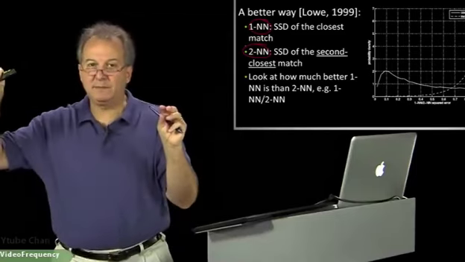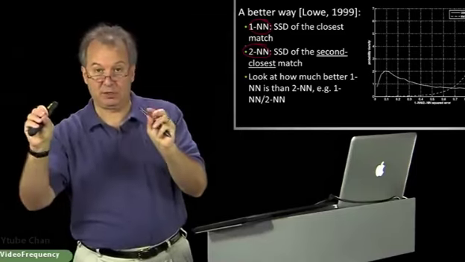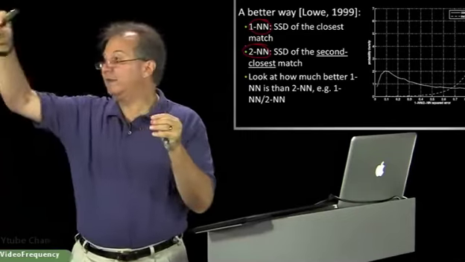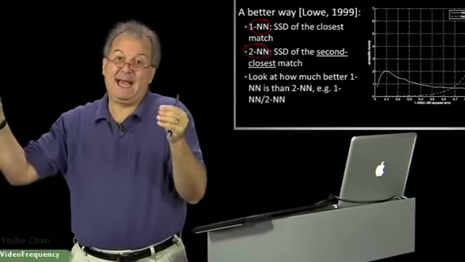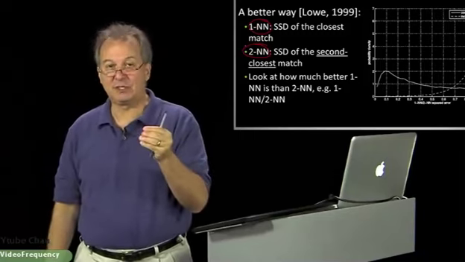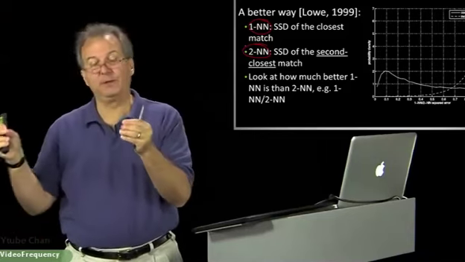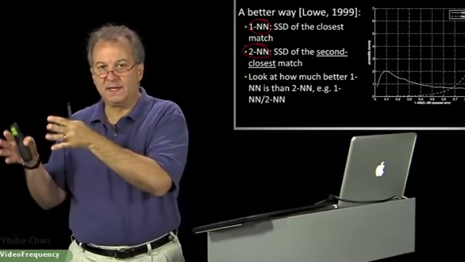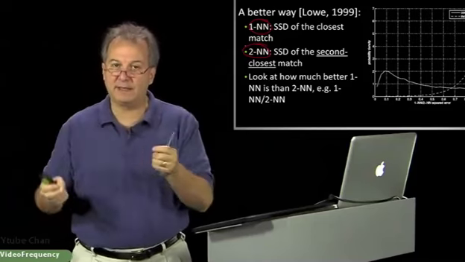Maybe its real match was occluded. It's not actually in the picture. So it randomly went and picked some point that happened to be its best match. Its second best match is going to be some other random point in the picture. So those are going to be more similar in value than in the correct case.